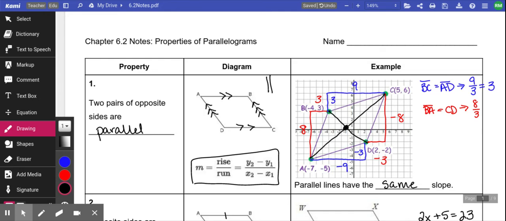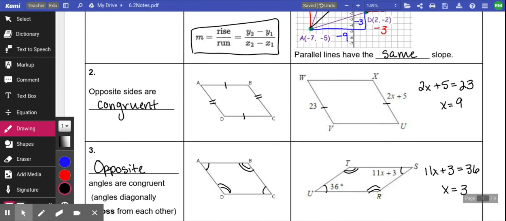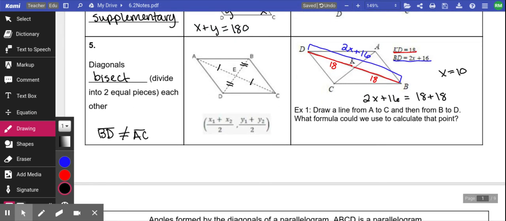So how can I find that point? Well, if BD and AC bisect each other, then it would be in the middle. So we would need to use the midpoint formula. So here's the midpoint formula, and we will see how to use this later on. Okay, so midpoint formula.